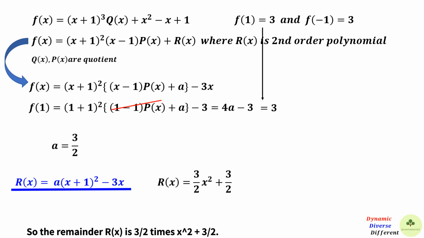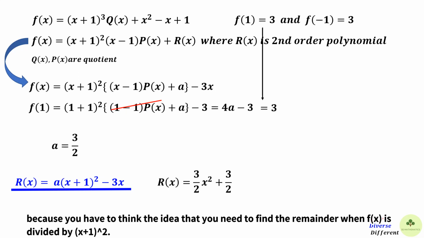So the remainder r of x is 3 over 2 times x squared plus 3 over 2. This is the solution to the problem. It was quite hard because you have to think of the idea that you need to find the remainder when f of x is divided by x plus 1 squared, right?